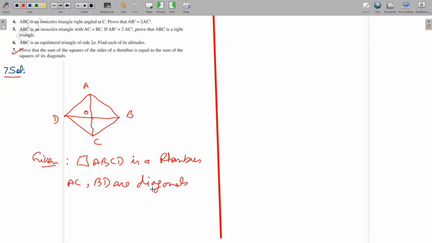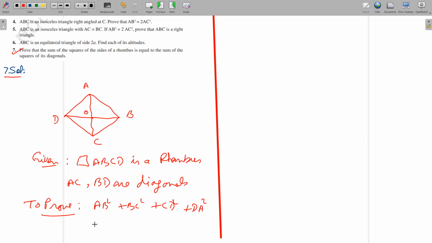And what we have to prove? We have to prove that the sum of the squares of the sides of a rhombus is equal to the sum of the squares of its diagonals. How many sides are there? There are 4. We will take the square of the sides, that means AB square plus BC square plus CD square plus DA square.